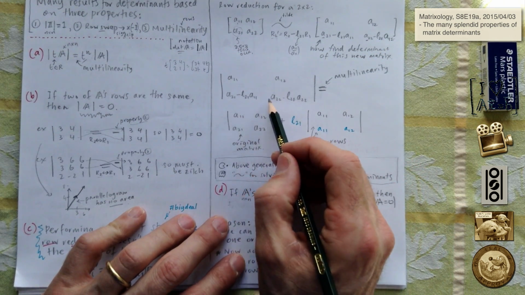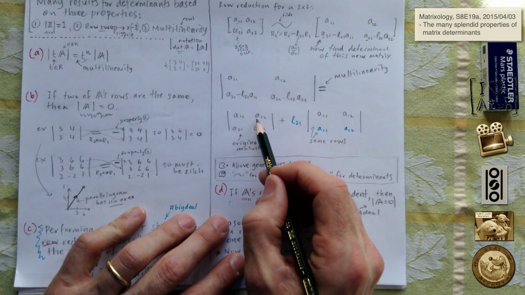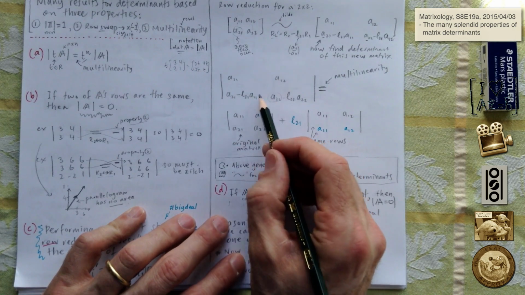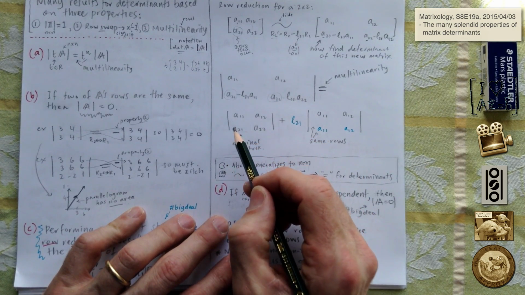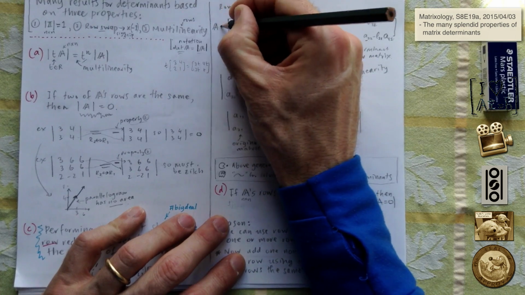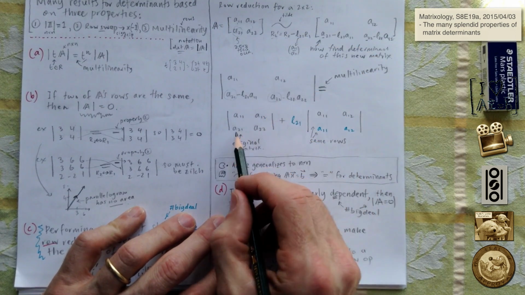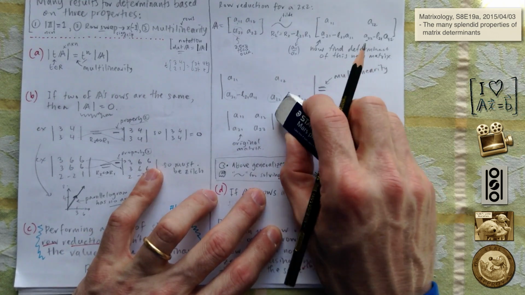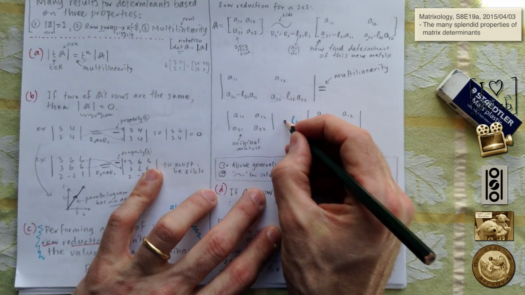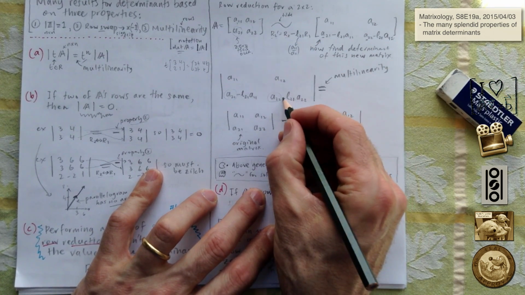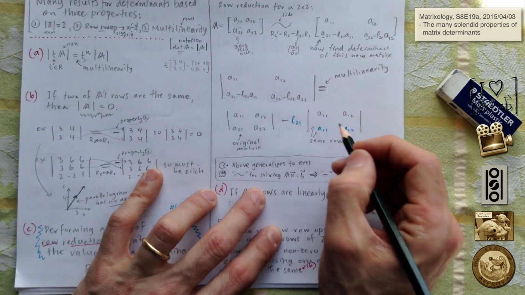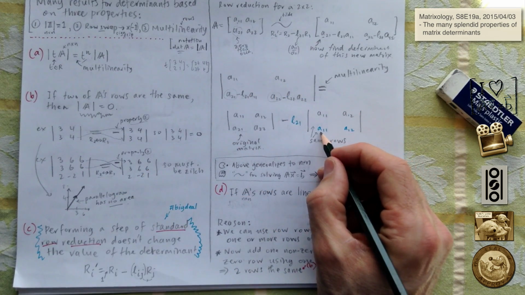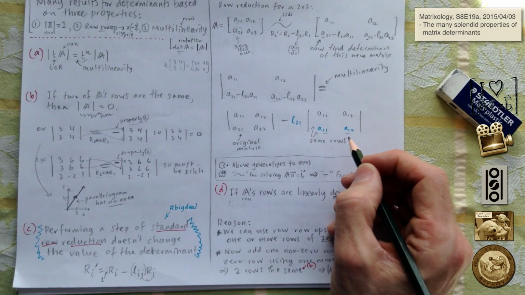A very natural thing to do is to leave the part of the original A matrix here. Let's call this A, the original A matrix. And then we want minus L21. That's our multiplier. And A11 and A12 will end up on the bottom here, right?